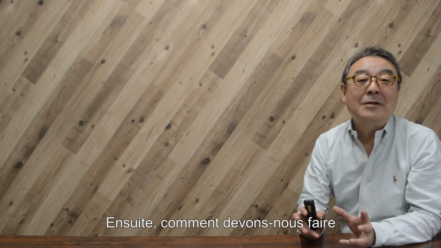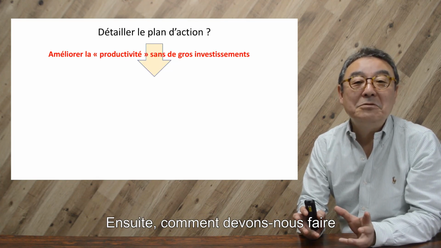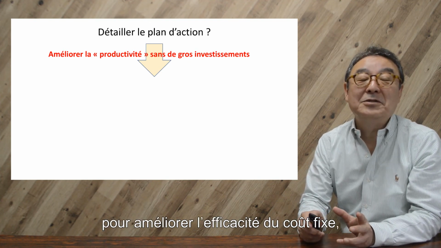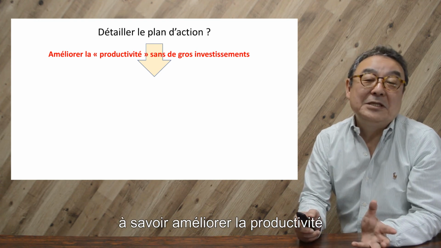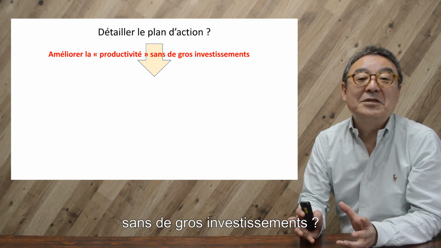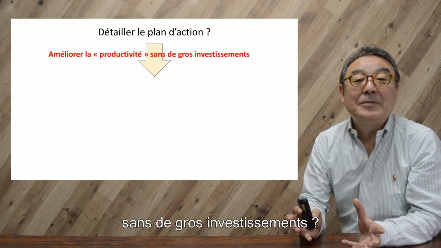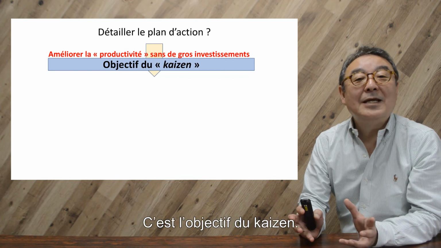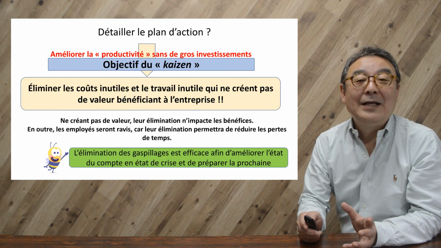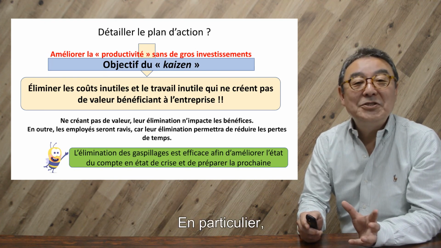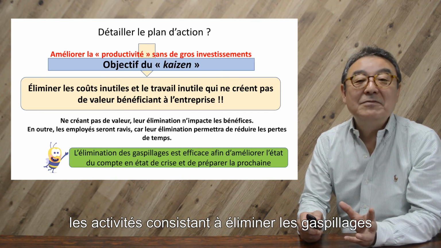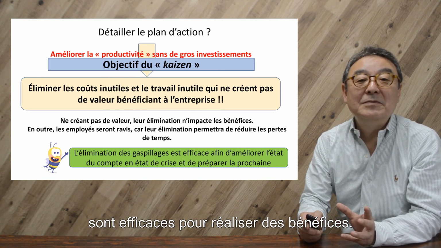So next, how should we improve the efficiency of fixed cost? That means productivity improvement without big investment. That is the objective of Kaizen. Especially, waste elimination activity in Kaizen is an effective weapon to achieve the purpose.